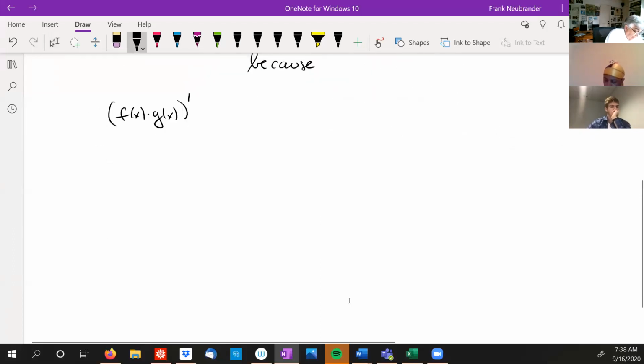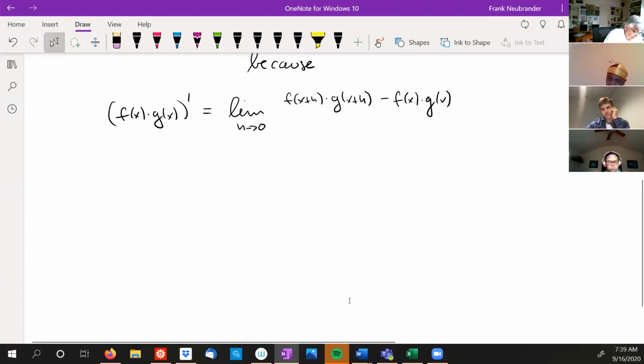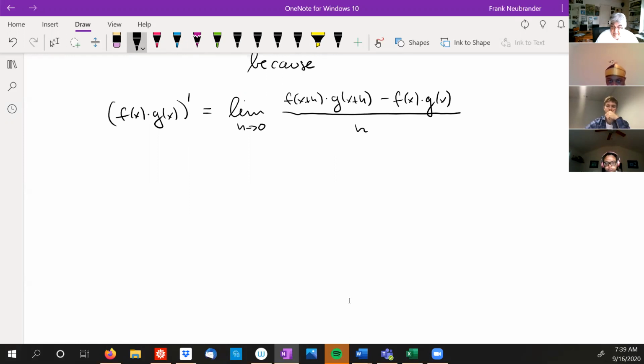So this is the same as the limit, as h goes to 0, of f of x plus h times g of x plus h minus f of x times g of x, the whole thing divided by h.